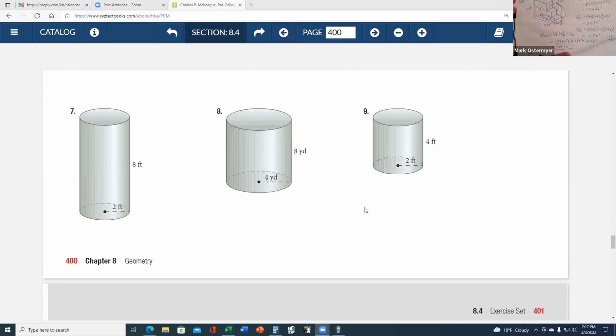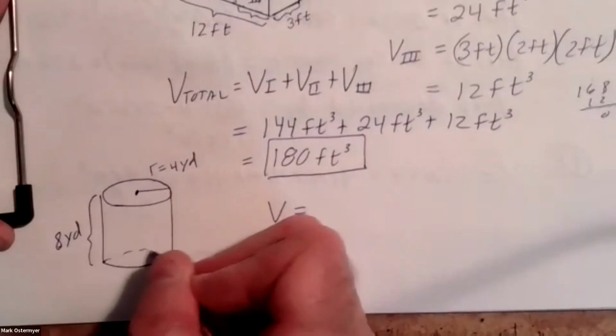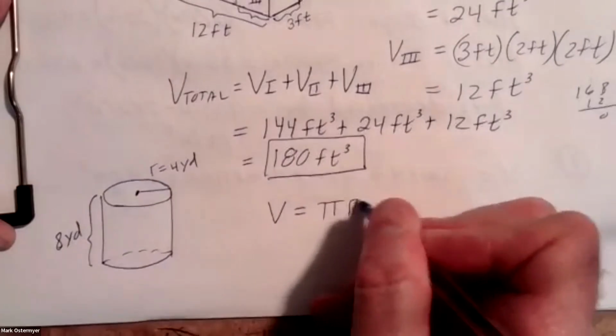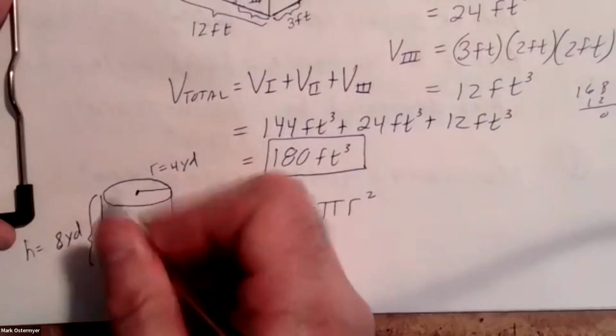Well, how do we find the volume of a circular based can? Do we remember? Well, the volume of a can, if memory serves me correctly, I believe we have to find the volume of the circular base or top first. So that gives you the pi r squared portion of this formula, times the other dimension, which is the height, the depth.